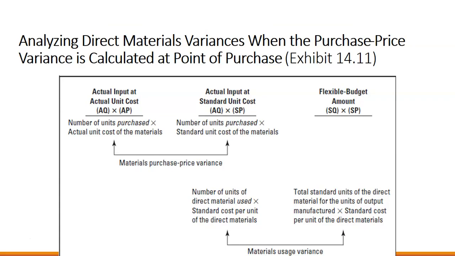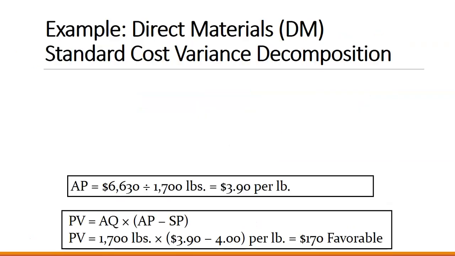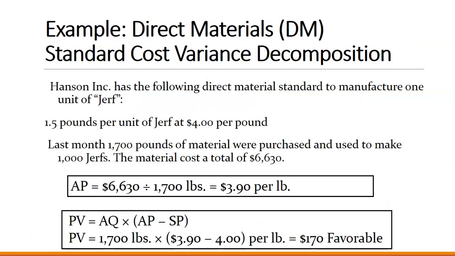So when we look at our direct materials variance, as I said earlier, we have first our materials purchase price variance, and then second, the materials quantity variance or usage variance. So when we look at this example, we have a direct material. We have a standard of using 1.5 pounds per unit at $4 per pound.